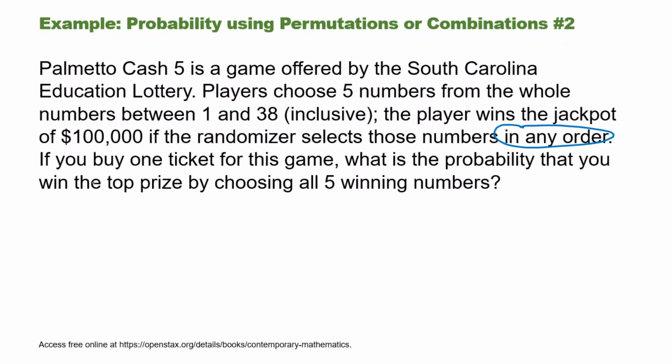And so what this comes down to is that we are selecting one choice of numbers out of a possibility of 38C5. There are 38 numbers. We are choosing 5 of them in any order, so we're using combinations.